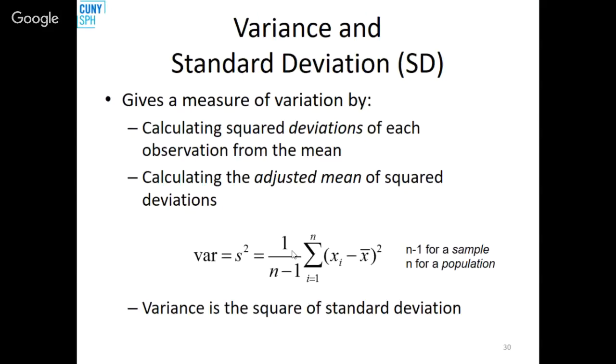Okay, so the question, first we have a population. Let's say the population is adults of New York, and we know from the census what the mean and the variance in that is.